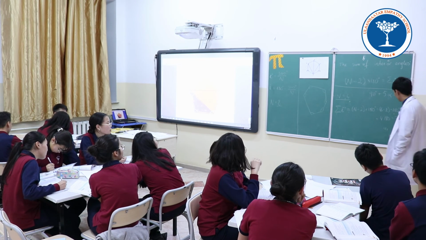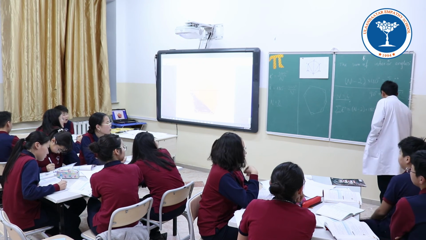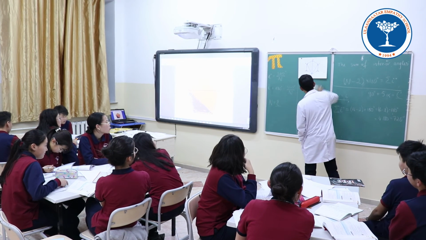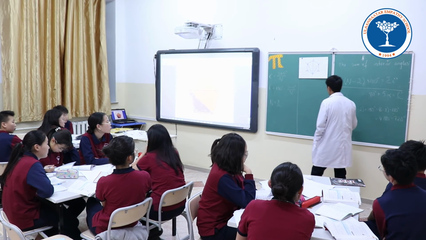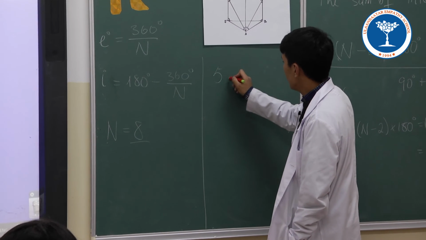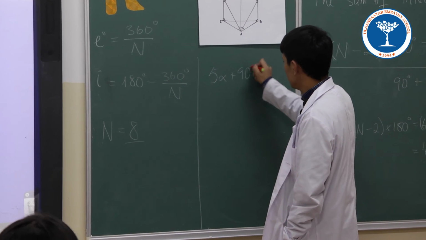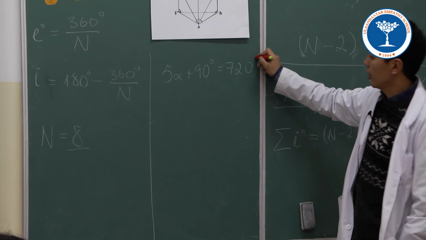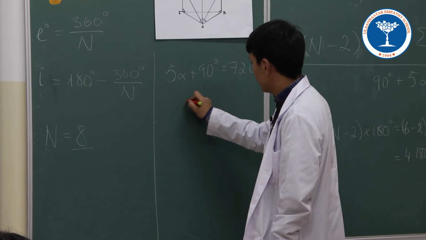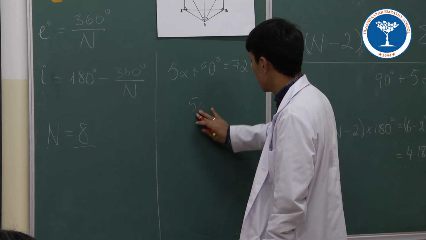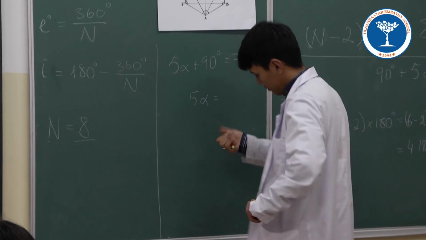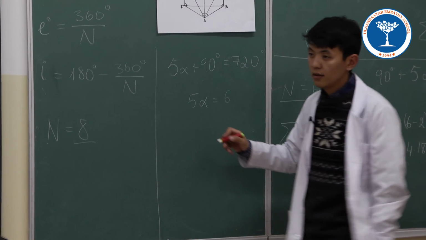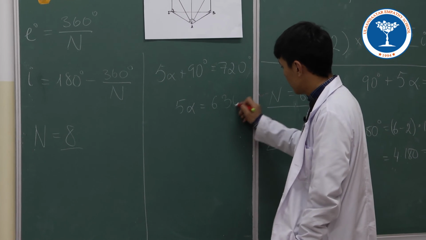Okay? So, let's continue here. 5 alpha plus 90 degrees is equal to 720. This is a simple equation, okay? 5 alpha will be what? 630.